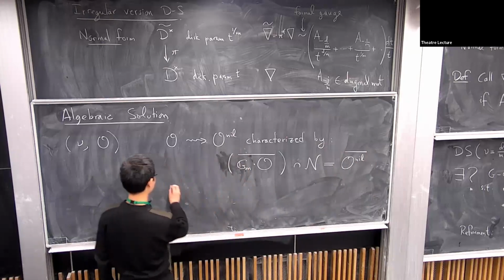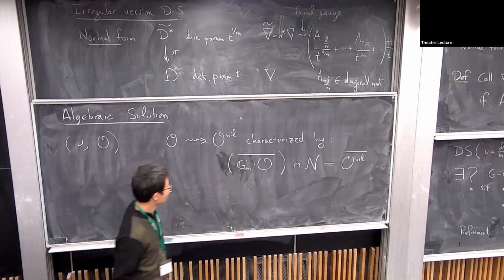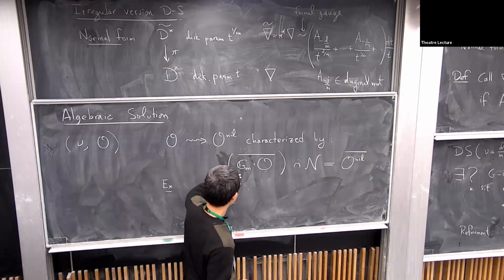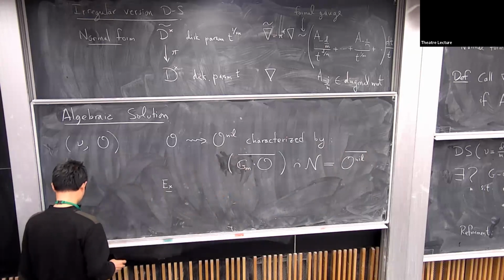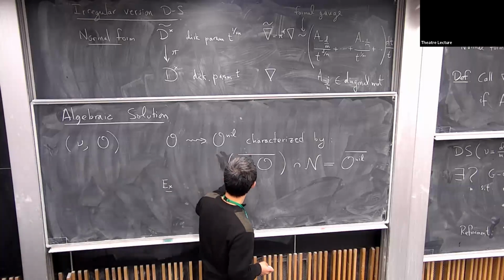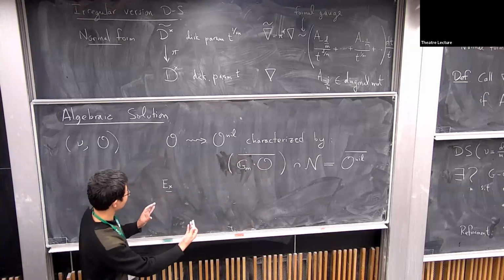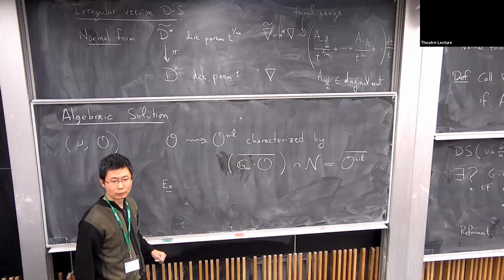So, an example. Yeah, it's irreducible. I think it's, yes. So let me see why. Yeah, you can see this by reducing to the Levi, just looking at where this separates the semi-simple part and the nilpotent part.